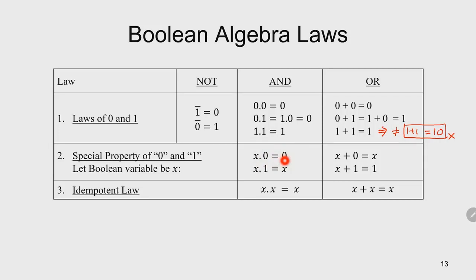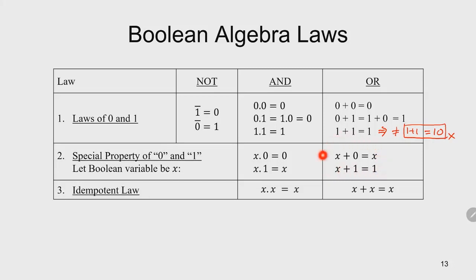If I AND x with 1, then the output is purely dependent on the input. If I AND with a 0, it doesn't matter what the input is, the output is always 0.